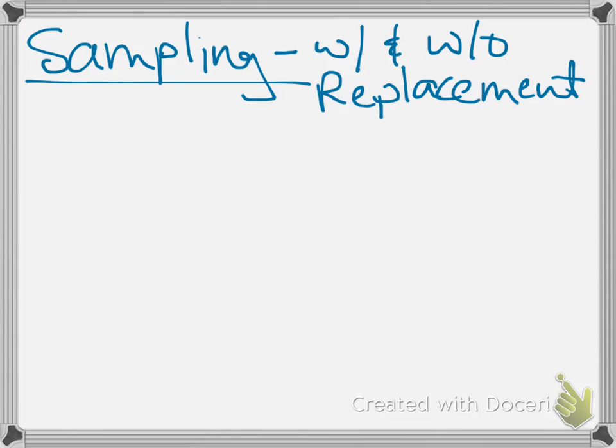Last thing I want to talk about for this video is the idea of sampling with and without replacement. And this is something that you're going to see somewhat regularly in the rest of this chapter. And you just need to pay close attention to which situation you're dealing with.